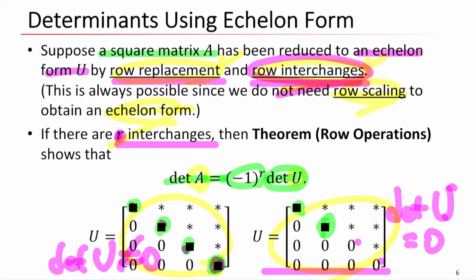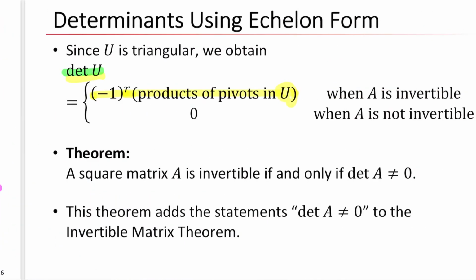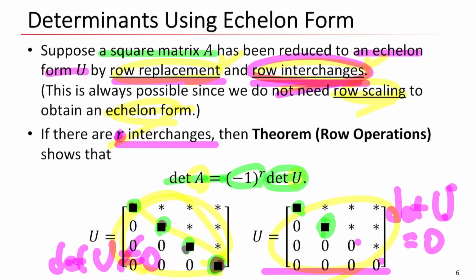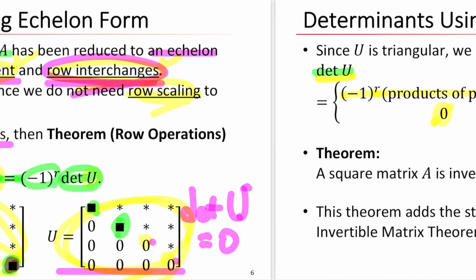If we have the echelon form of matrix A, something like this, then the determinant of u would be negative 1 superscript r times the product of the pivots in u. But if the echelon form of the matrix A is something like this, then the determinant of u is just 0, right? Because of this term.